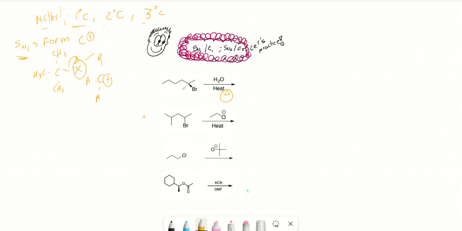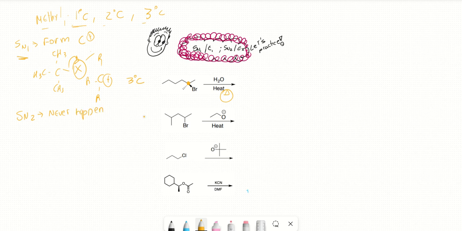So we have 1, 2, 3. This is a tertiary carbon, right? Tertiary carbon.